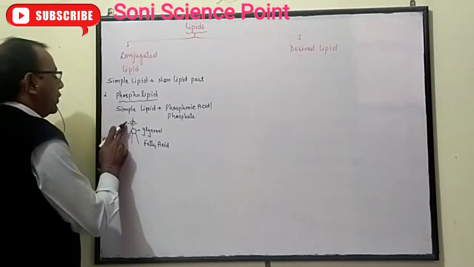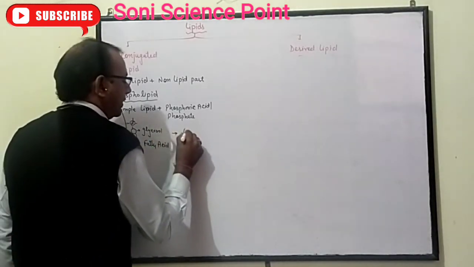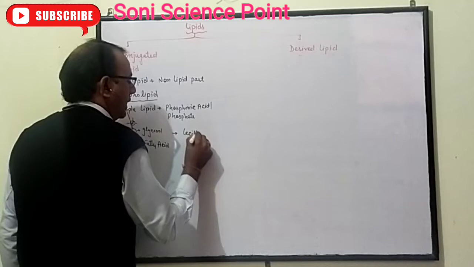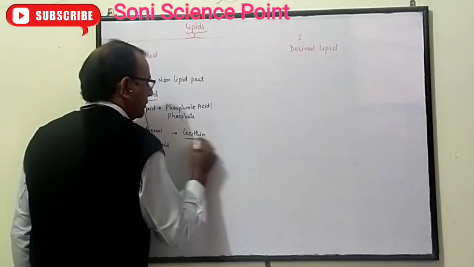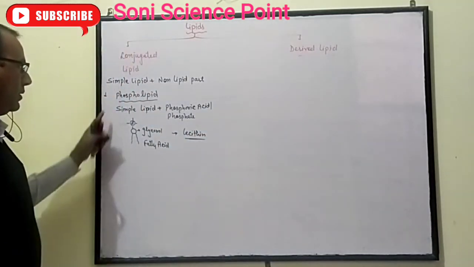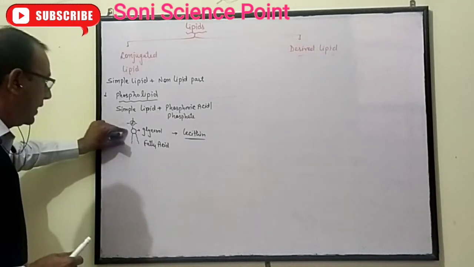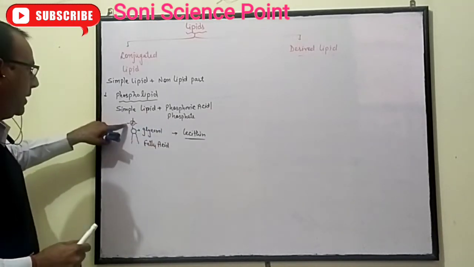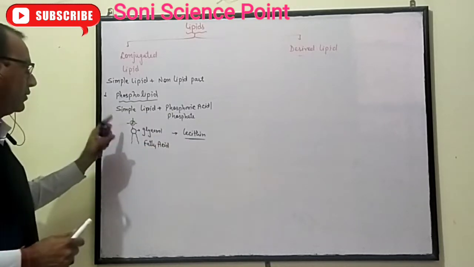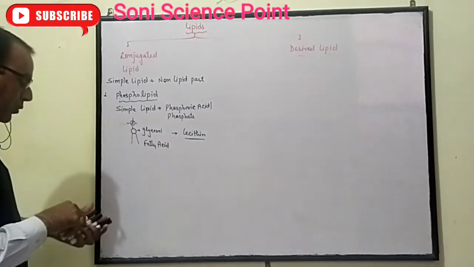The example of phospholipid is lecithin. It is called phospholipid because it contains simple lipid, glyceride, with attachment of phosphoric acid on one side.